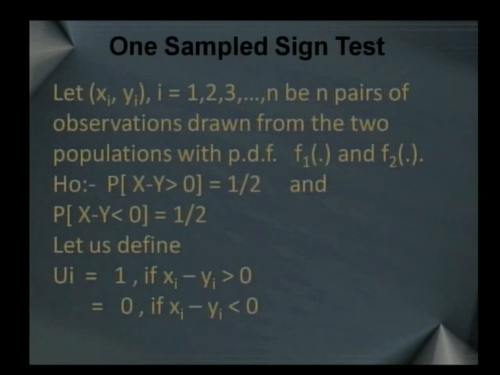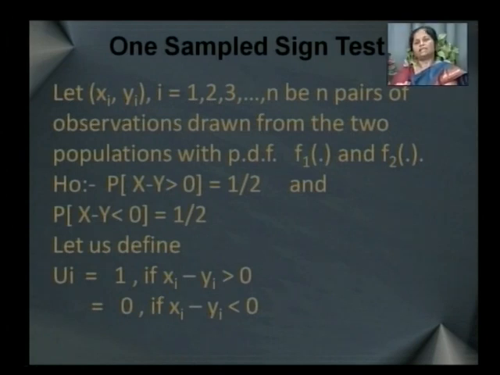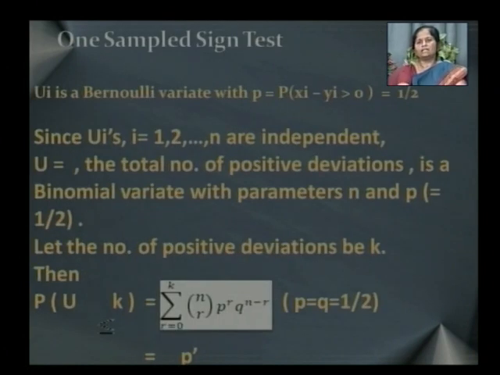So let us define ui. ui equals 1 if xi minus yi is greater than 0, and equals 0 if xi minus yi is less than 0. Here we have defined the variate ui as 1 if we get a positive sign, and 0 if we get a negative sign.